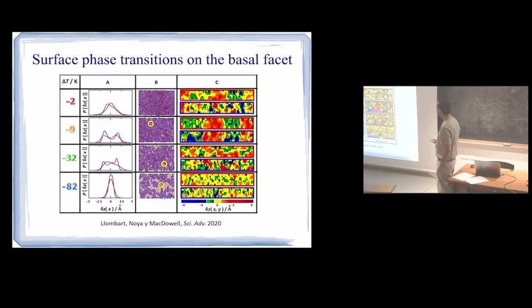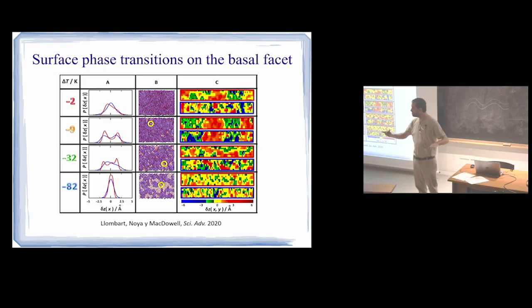Okay? And this is what we get. Let's concentrate just on this column. Here is the study of surface height fluctuations for the basal facet, the one on top of my prism, as a function of different temperatures. So at very low temperature, the distribution of surface height fluctuations is Gaussian. That makes sense. At low temperatures, I have a smooth surface.